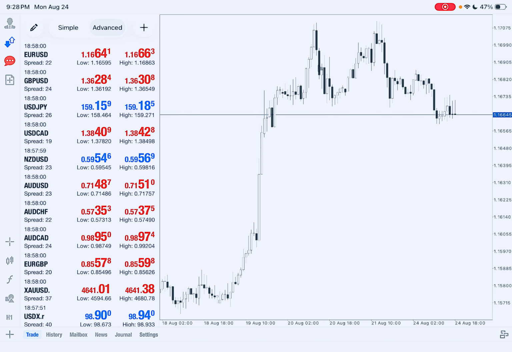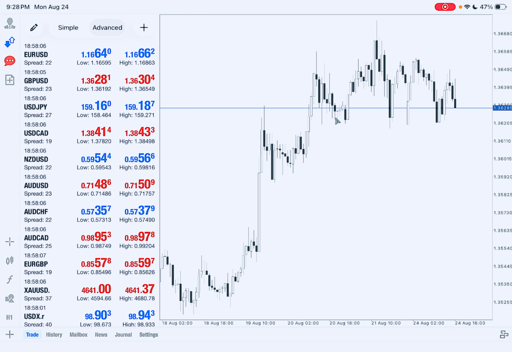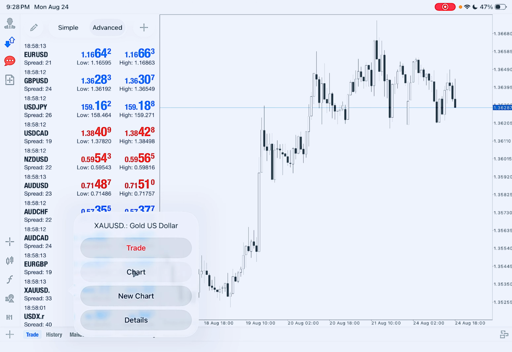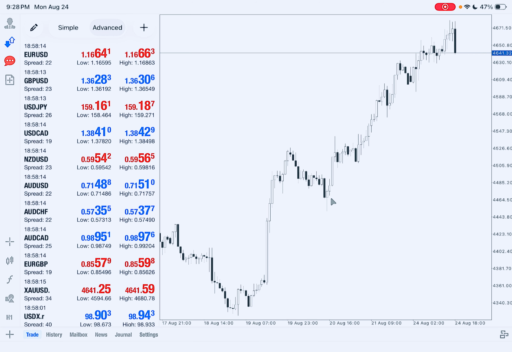This retracement to the downside in Euro USD and GBP USD is pretty similar to this downward movement in gold. However, gold continued to the upside. GBP USD and Euro USD did not continue to the upside.